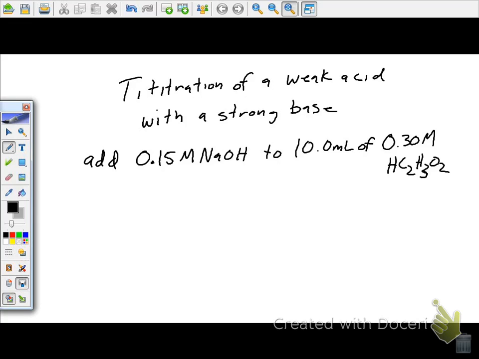So we're going to start out at 0 milliliters. I would like everybody to find the pH of the solution before we add any of the base to the acid. First thing I need you to do is determine what the pH is of the solution before you add anything to it.